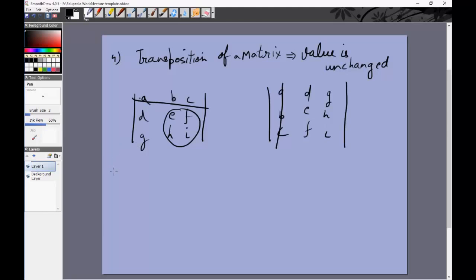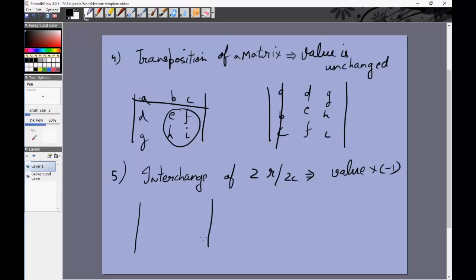Right. The next rule, the interchange of two rows or of two columns means that the value is multiplied by minus 1. Right. Now how do you see that? Let's say you have A, B, C, D, E, F, G, H, I. And the second one, let's say you interchange the first two rows.